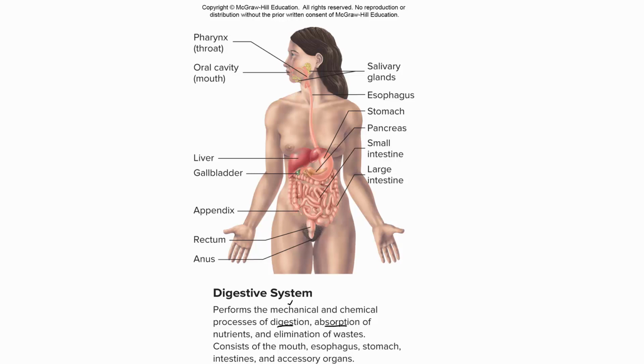That's going to be a function of the digestive system. And then there's a lot left over, things you can't digest, things your body can't absorb. And the digestive system is going to help you get rid of those. Here we're talking about mouth, esophagus, stomach, intestines, and a bunch of accessory organs.